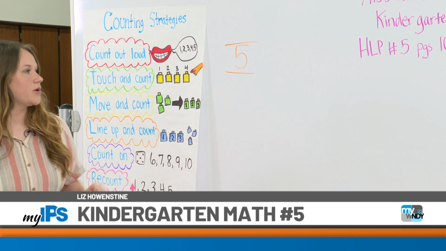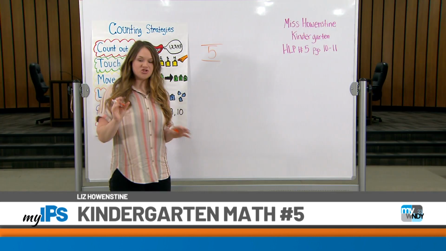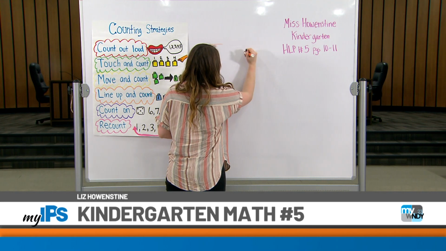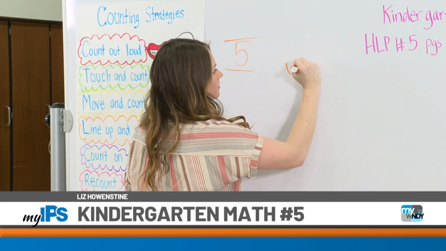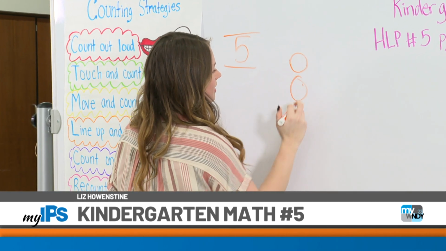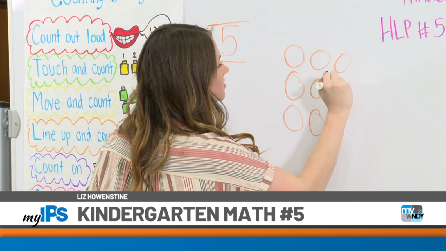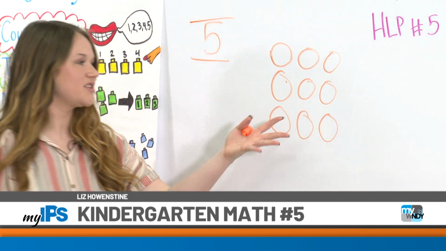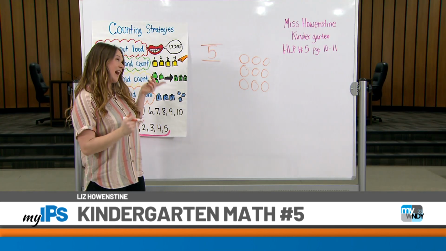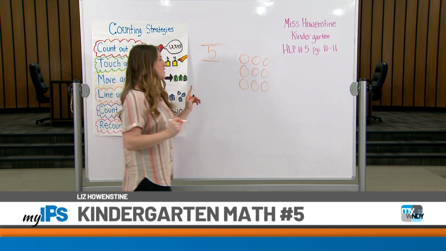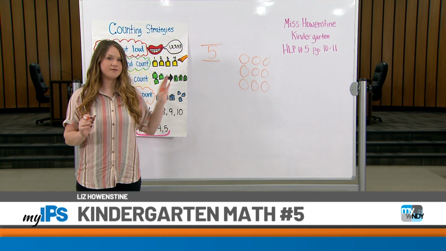And then you are going to have just one set of objects. Let's see, we're going to just draw circles again, okay? But there's going to be just a group. We don't know how many, so we need to count. Our number is 5, so we need to color only 5 circles.